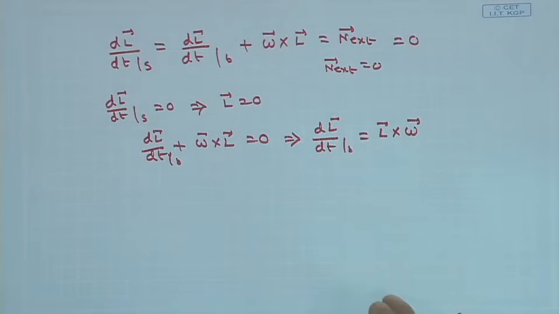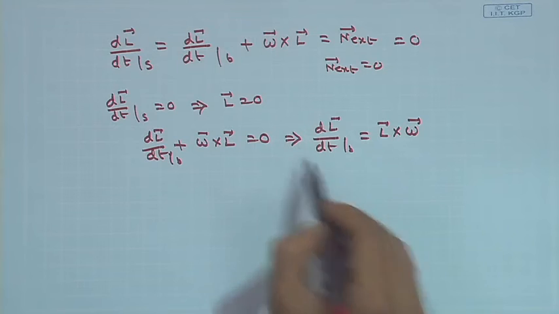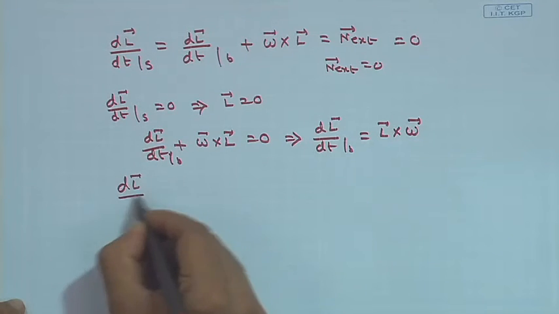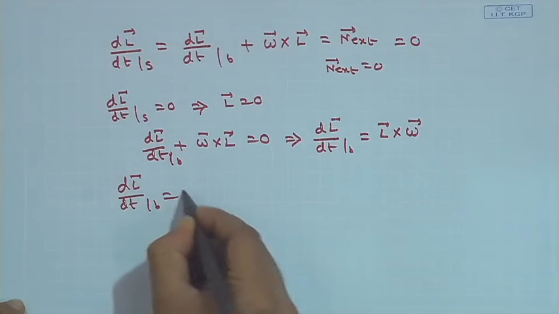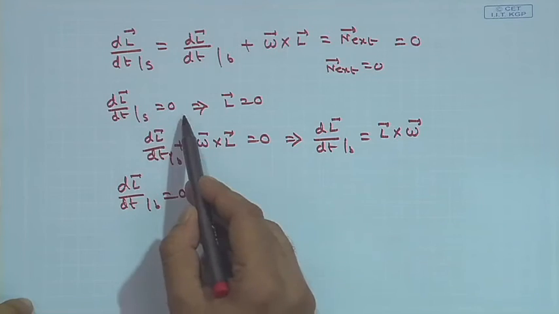Now, when we are discussing uniform rotation around body axis, it will mean that (dL/dt) body will also be equal to 0, because that is the definition of uniform rotation. When we are measuring from space set of axis, we set (dL/dt) space equal to 0.